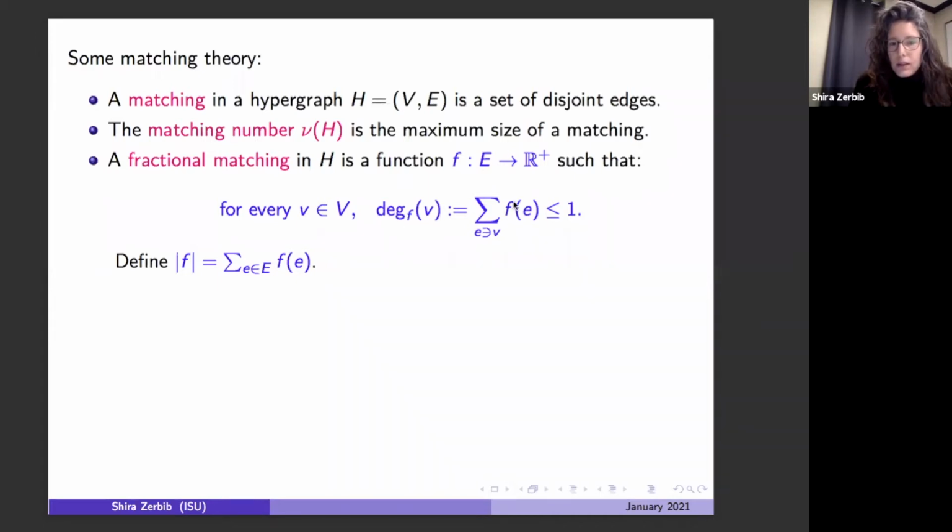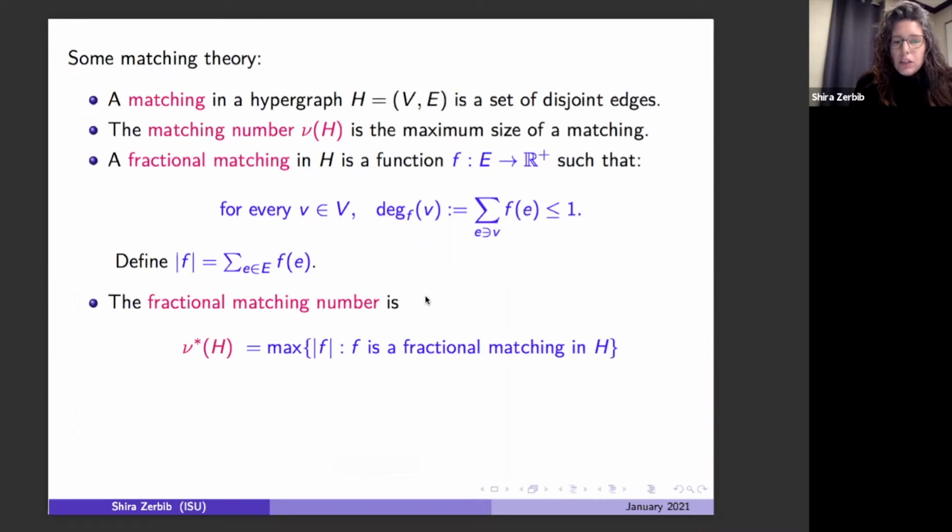We call this sum the degree of the vertex in the fractional matching F. And we define the size of F to be the sum of all the weights in F. Now the fractional matching number, which we denote by nu star of H, is the maximum over all fractional matchings of H of their sizes.